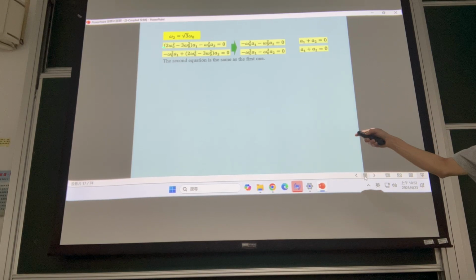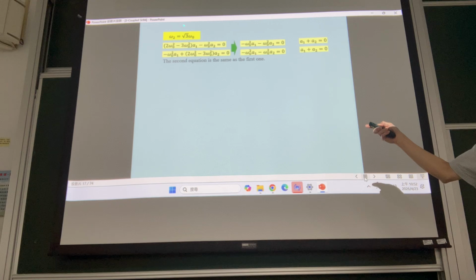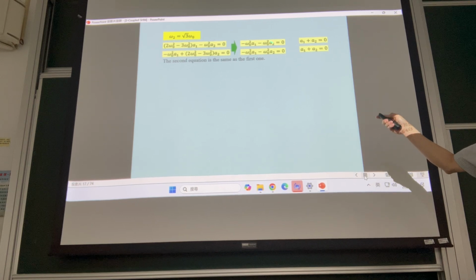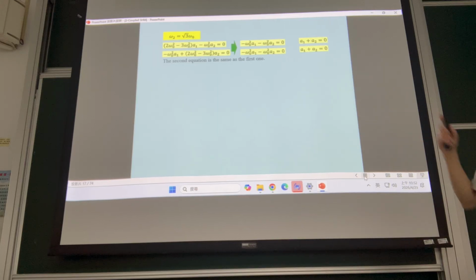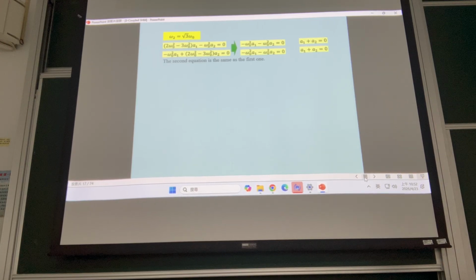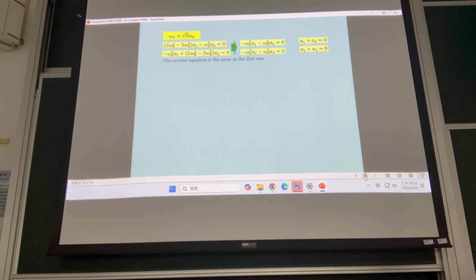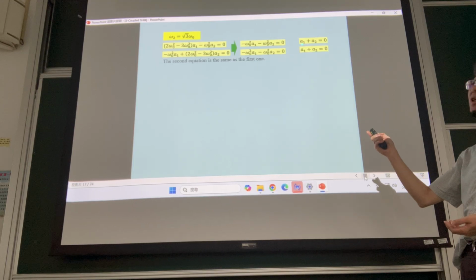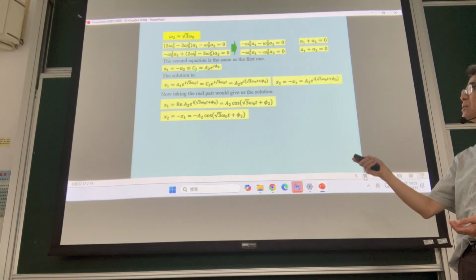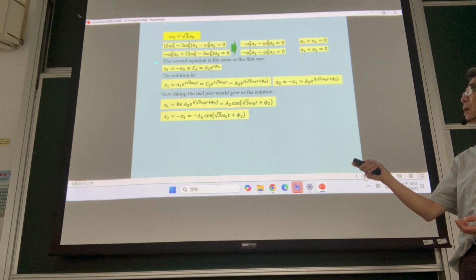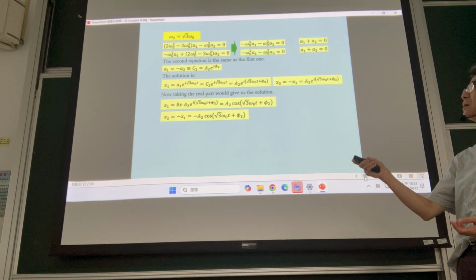You can do the second equation, but that's the same story. You will see that it is exactly the same equation as the first one, because the determinant is equal to 0, so these two equations are essentially the same. Therefore, it only determines the ratio between A1 and A2 without specifying the constant. So A1 equals minus A2.